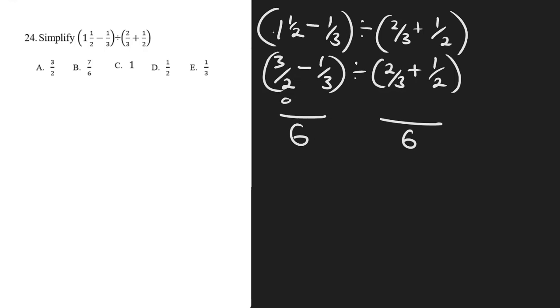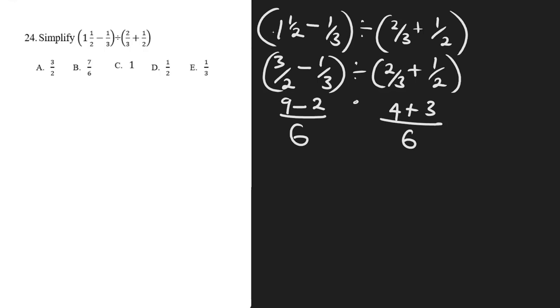So we have 9. Bring down your minus sign: 6 divided by 3 is 2 times 1 is 2. So we have 2. Same thing here. 6 divided by 3 is 2 and 2 times 2 is 4. We have 4. Bring down your plus. 6 divided by 2 is 3 and 3 times 1 is 3. So we have 3.